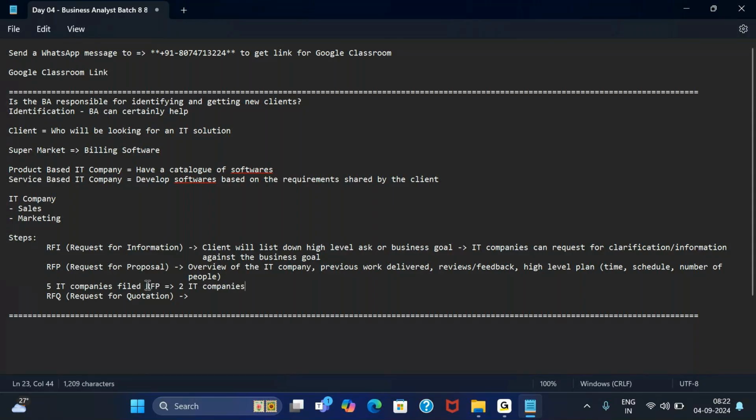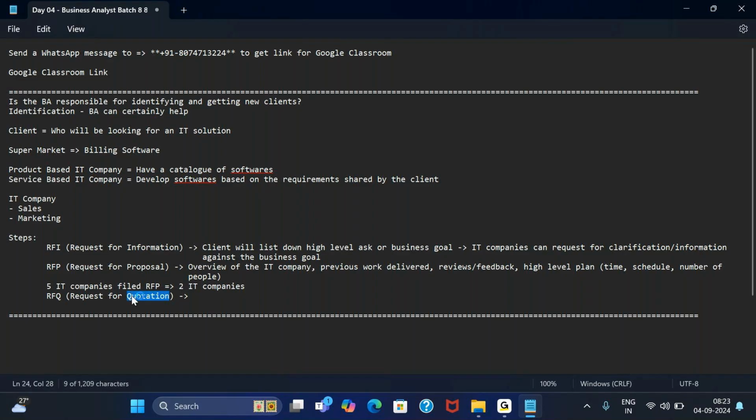It is up to the client. I have received all the proposals, it is up to me to shortlist companies. Now from whatever companies I shortlist, I will now ask for a quotation.